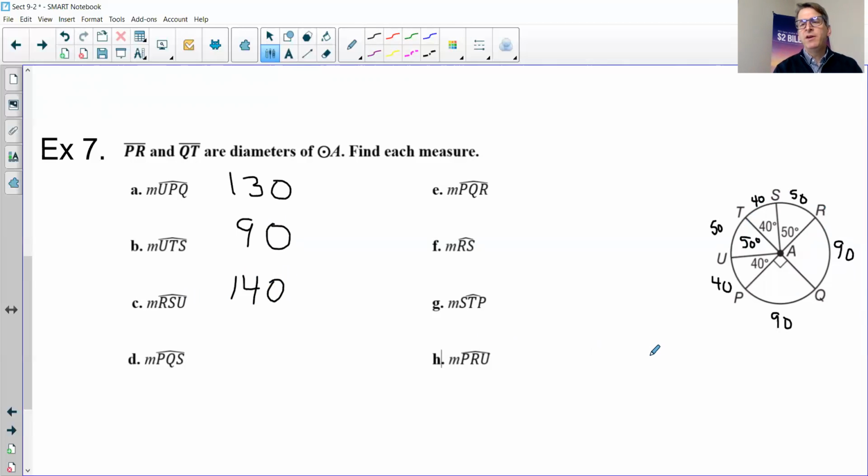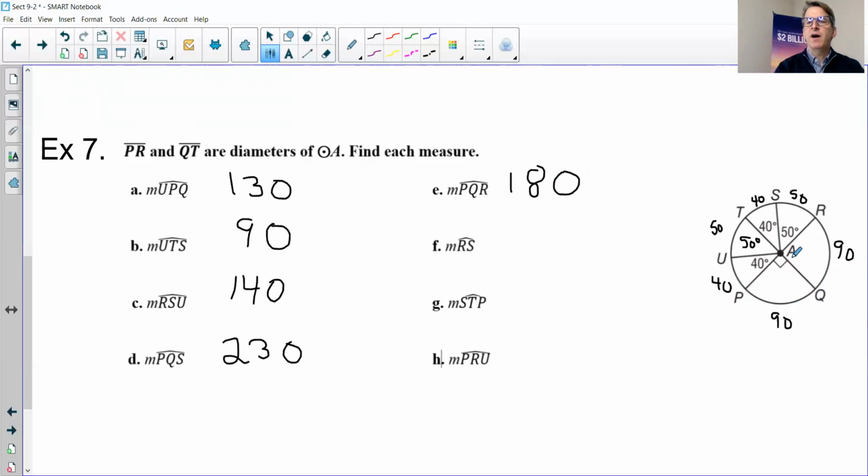Measure of arc PQS: P, Q, all the way around, so you've got 180 plus 50, which is 230. Measure of arc PQR: PQR is 180, 90 plus 90.